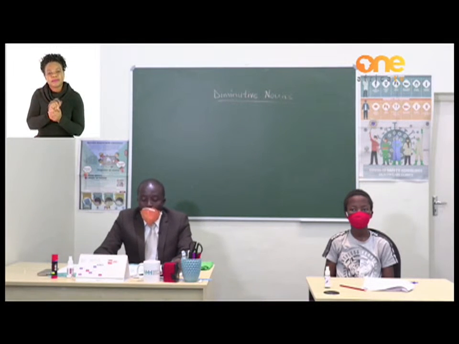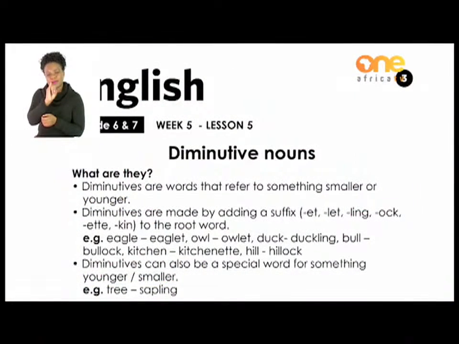Diminutives are words that refer to something smaller or younger. This is on page 3 of your booklet. Right, diminutive nouns are words that refer to something smaller or something which is younger.